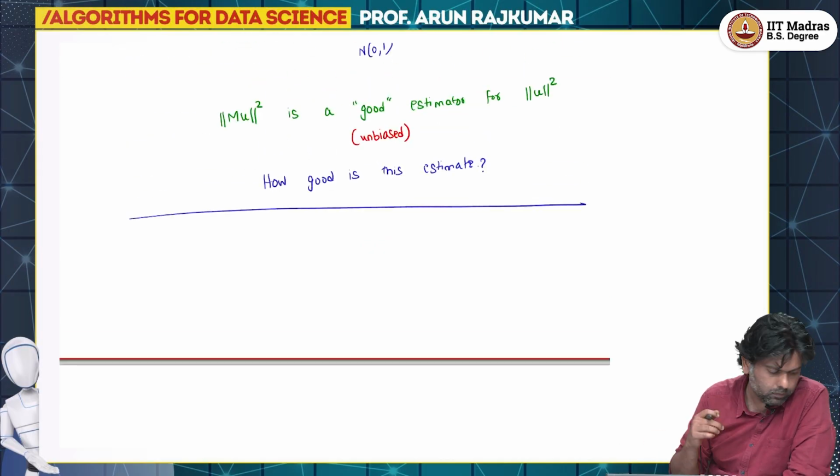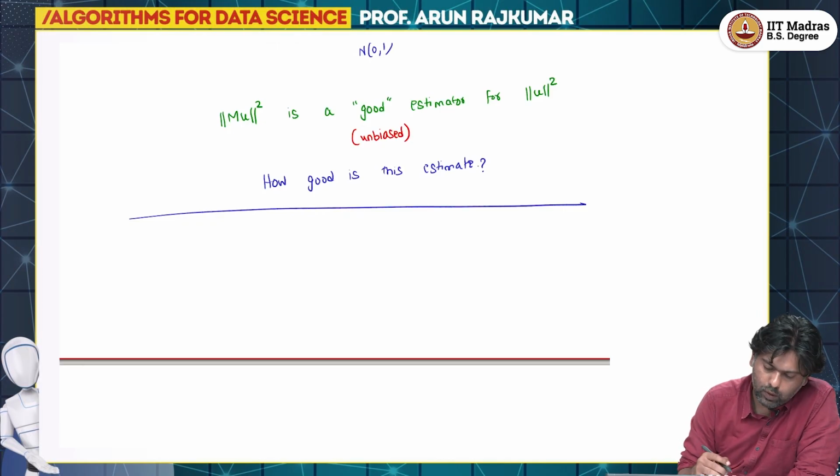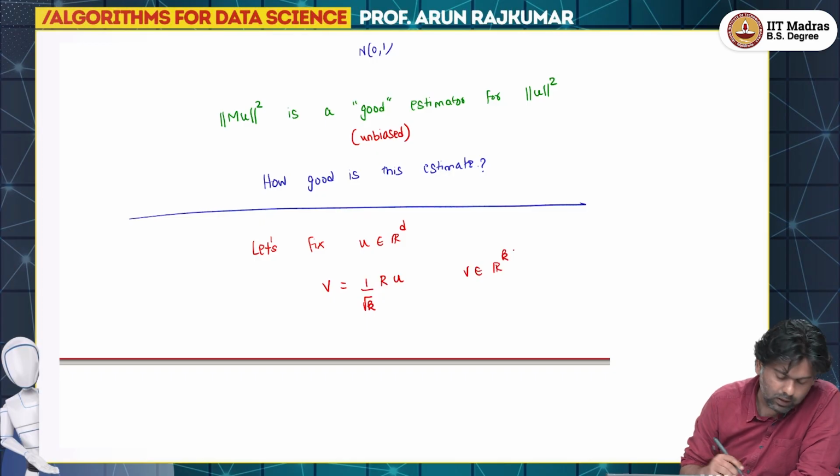So, for this let's do the following. Let's fix some u in R^d. Now, let's say after I do this transformation, I get 1 by square root k times R times u, and I get a vector in R^k, and let's call that vector v.